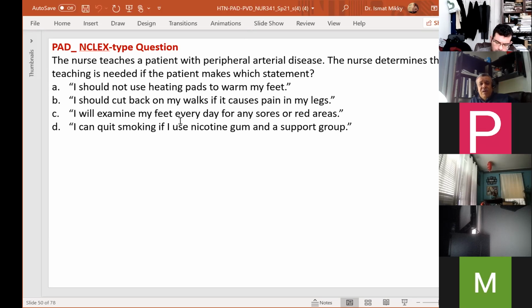So these are the 6 Ps that indicate decreased perfusion.